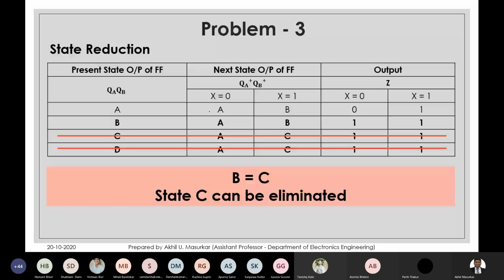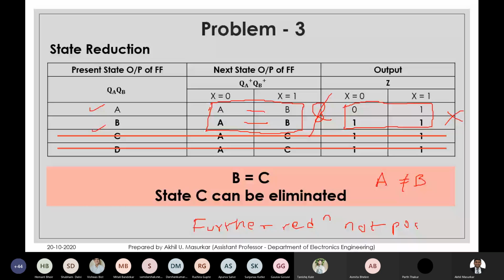For x equal to 0 and x equal to 1, the next states are A and B respectively for both states A and B. But this AND condition is getting violated, that is, the outputs are not same. And hence, state A is not equal to B. And that is why further reduction is not possible.